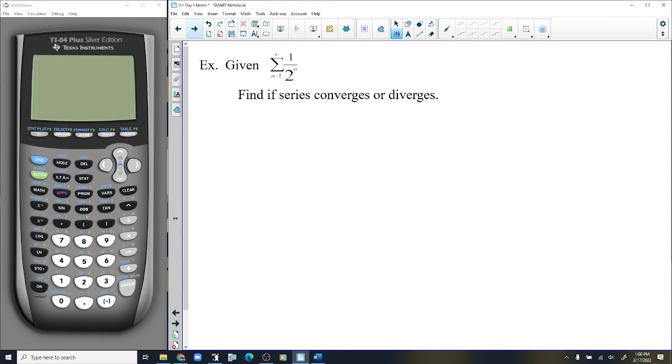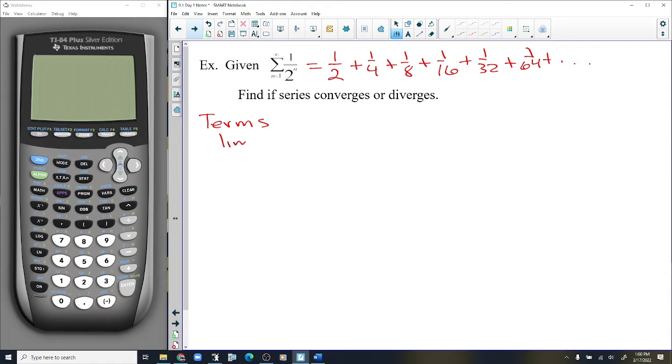Let's clean it up a little bit. We have the sum from n equals 1 to infinity of 1 over 2^n. Plug 1 in, you get a half. Then you get a fourth, an eighth, a 16th, 32nd, 64th, and keep on going. Now we could talk about the terms.